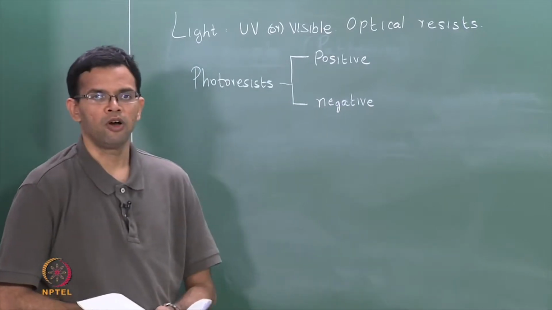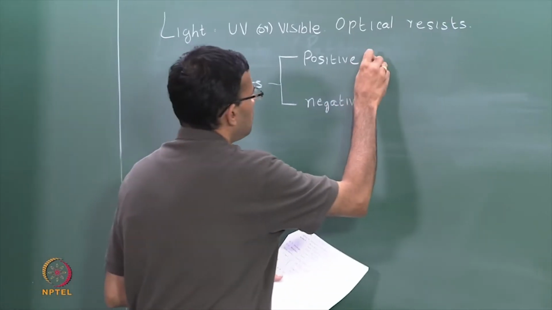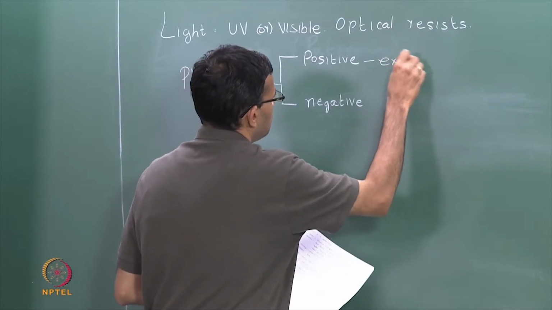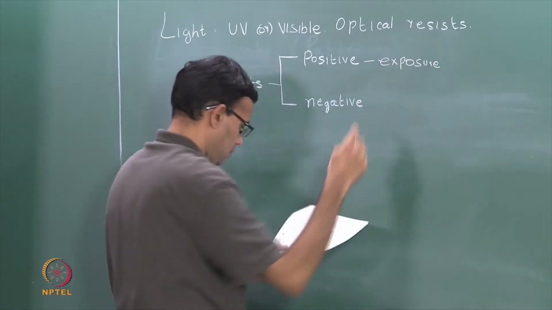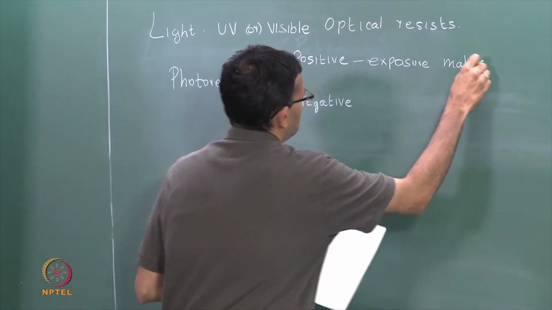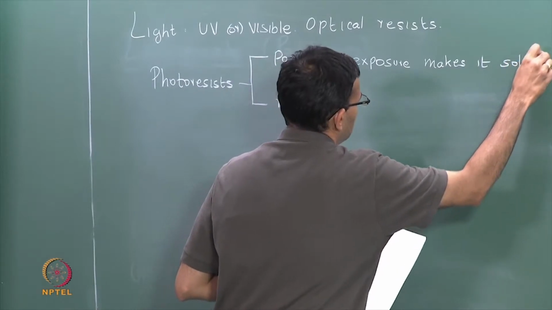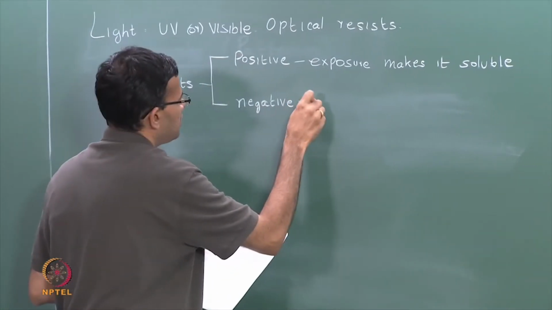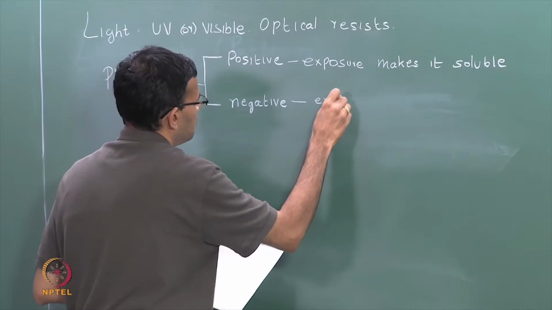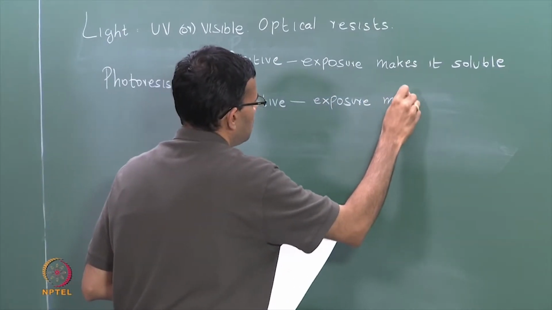In the case of a positive resist, exposure to light, whether it is UV or visible, makes the resist more soluble. So exposure makes it soluble. A negative resist, on the other hand, exposure makes it insoluble.